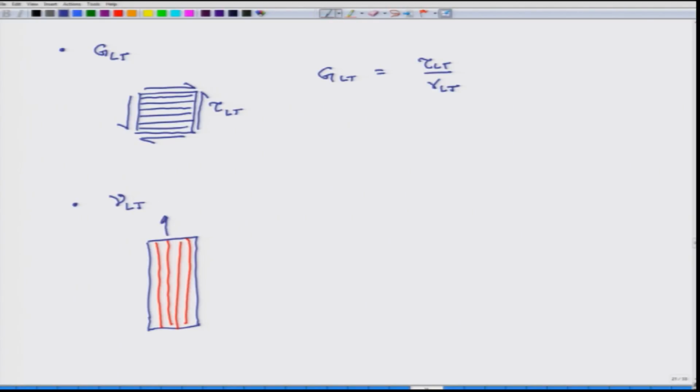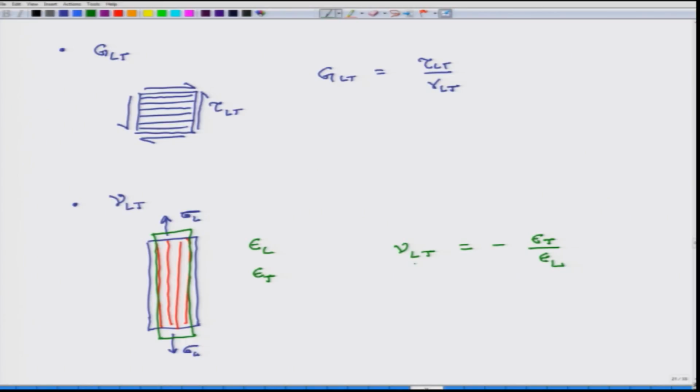So, you subject this material to sigma L, and as this material gets tested it becomes longer, but it also becomes thinner. So, using strain gauges you measure the longitudinal strain and the transverse strain, and then your Poisson's ratio nu LT is equal to negative of transverse strain by longitudinal strain.